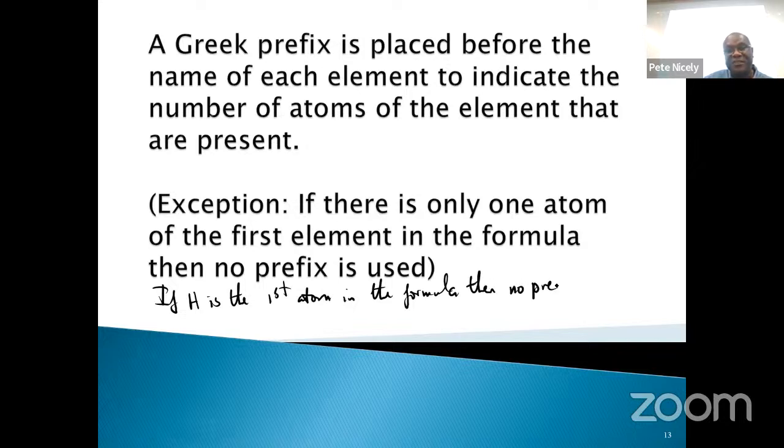No prefixes are used. All right, so that's the other exception, right? So you might call this exception 1, and this is exception 2. All right, but pretty much in all other cases, you have to use the prefixes to indicate the number of atoms of each element.